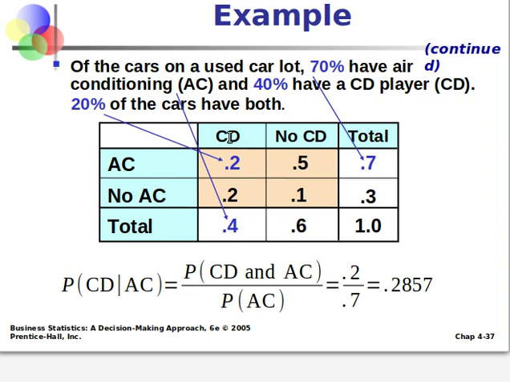Here, CD, no CD, because it is 70% has air conditioning total. 20% of the cars have both CD.